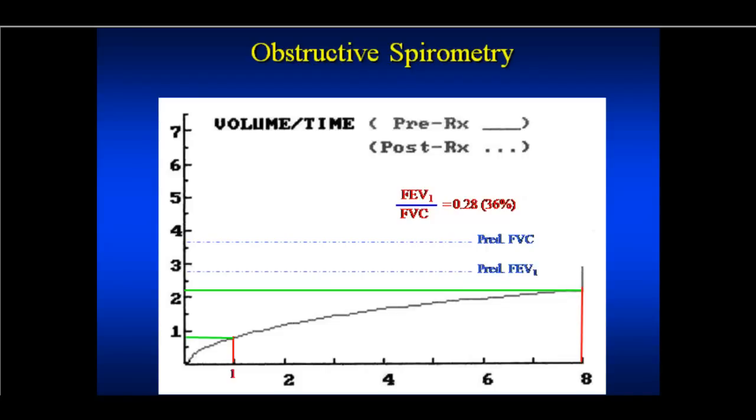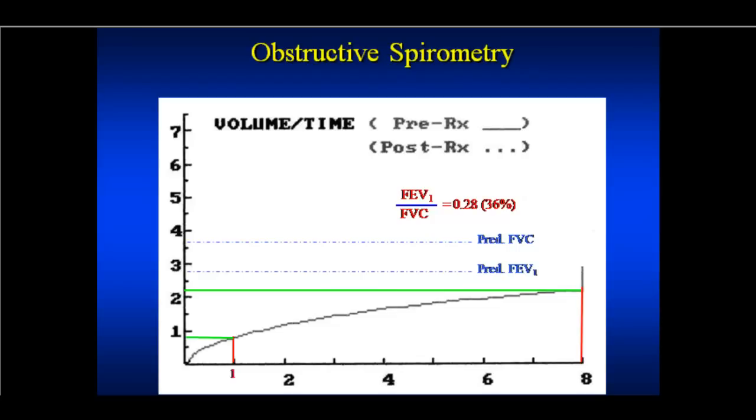All right. Now the FEV1, though, look at the FEV1. What happens in 1 second? Very little of the air is out. The airways are immediately collapsible. That choke point immediately comes into play, and the amount of air that you push out in that very first second goes down in relative terms to the whole vital capacity, and that's why in these individuals we're going to get a low FEV1 to FVC ratio.